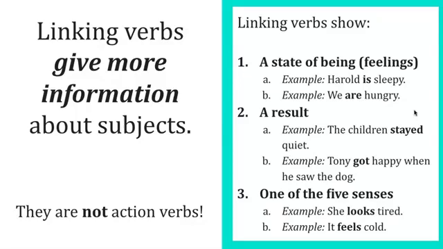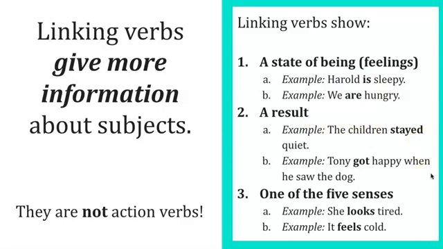What does this mean? It means that we give information about the subject. Maybe we give information about the state of being, the condition of the subject, the feelings of the subject. Maybe we explain the result of the subject, or we can also talk about one of the 5 senses.